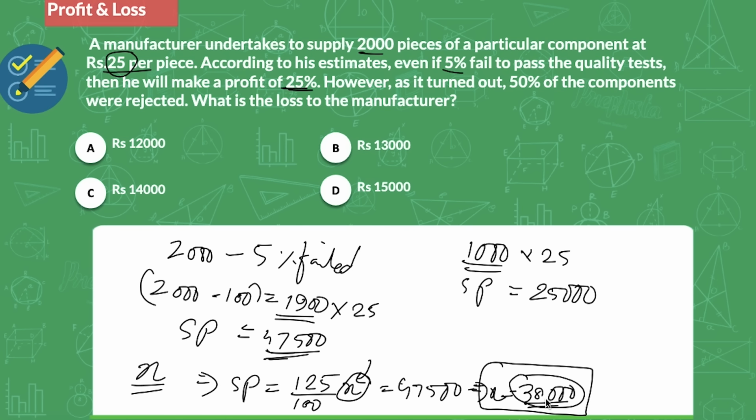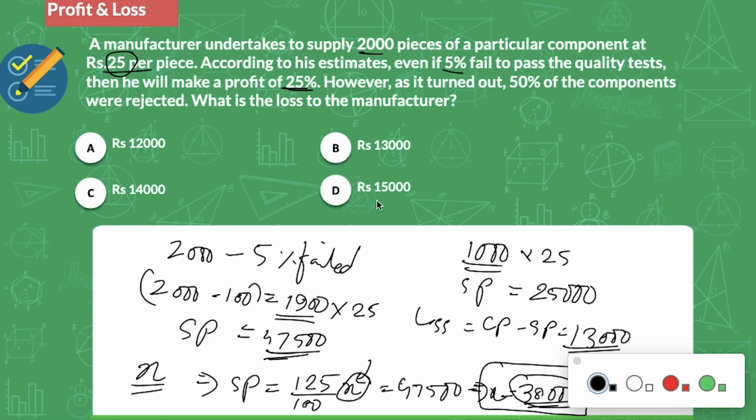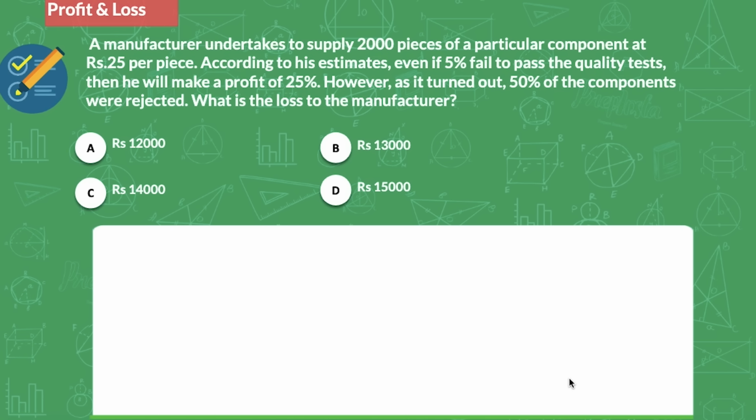The cost price is 38,000. So I can easily calculate the loss from here. The loss is nothing but the cost price minus selling price, which is 38,000 minus 25,000. That will give me 13,000. So the answer is option number B, that is 13,000.